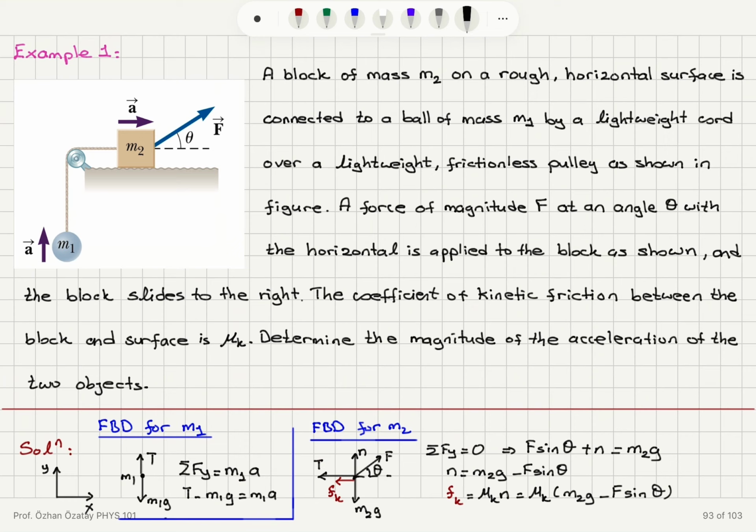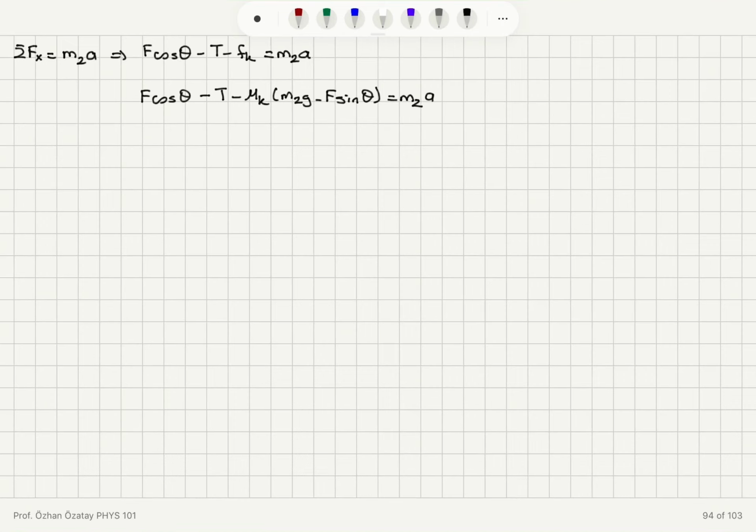And I also know that from the free body diagram for m1, T minus m1g is equal to m1a. So I can write T minus m1g must be equal to m1a.